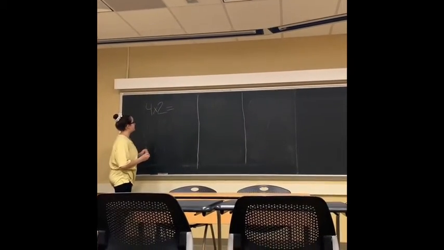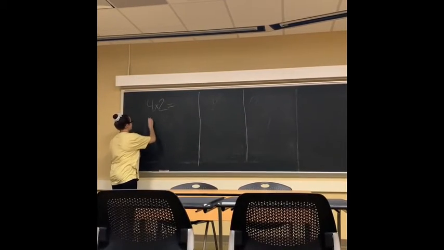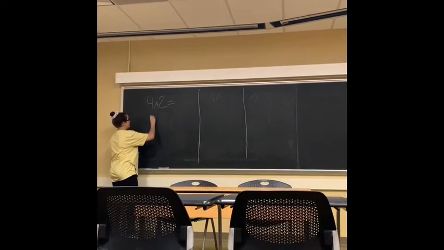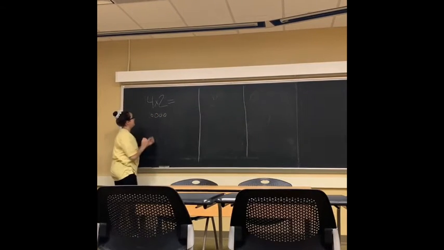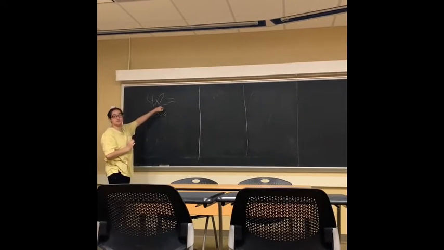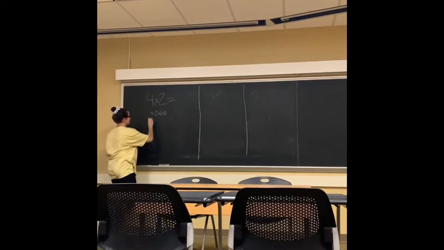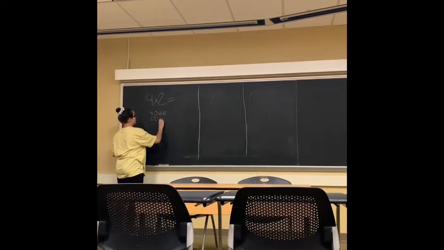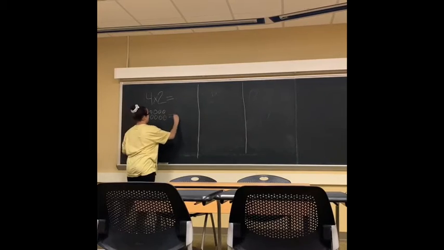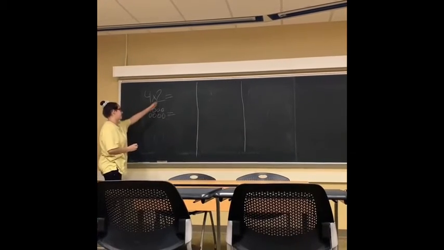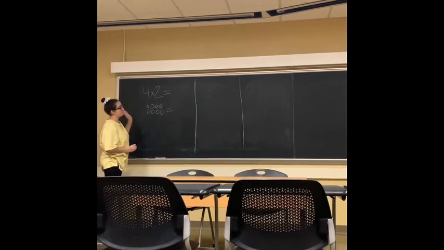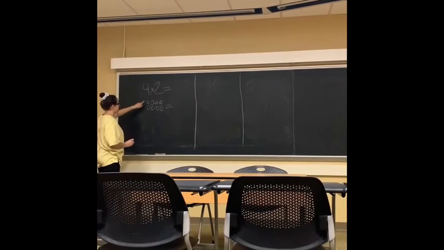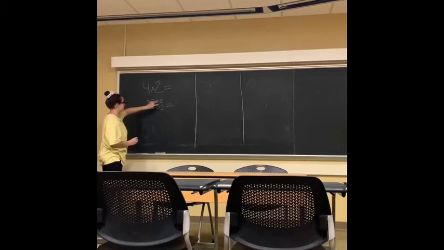So what you will do is you can either do 4 circles, and then you will do another 4 circles because it says 2 times. Or you can write 2 circles out 4 times, which is like this way. So 2, 2, 2, 2.